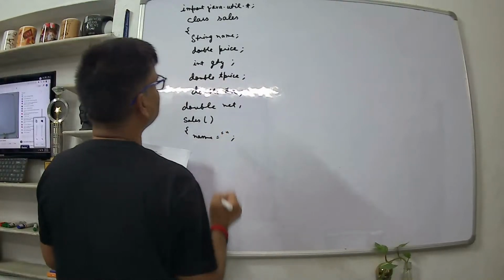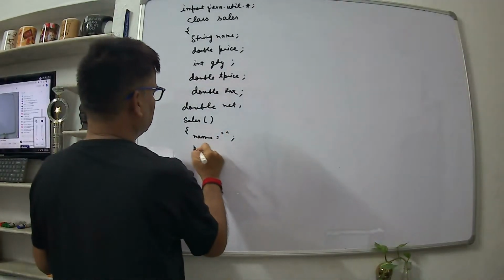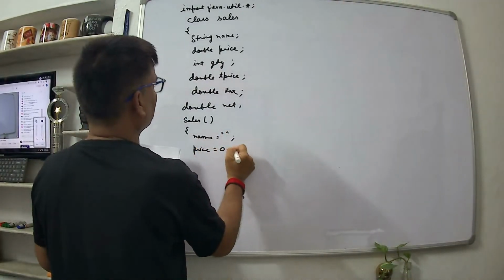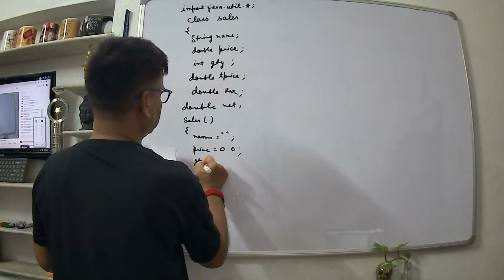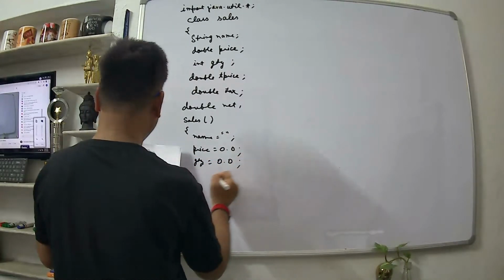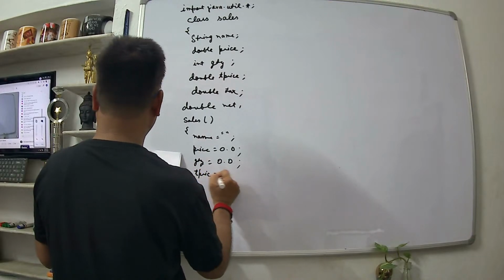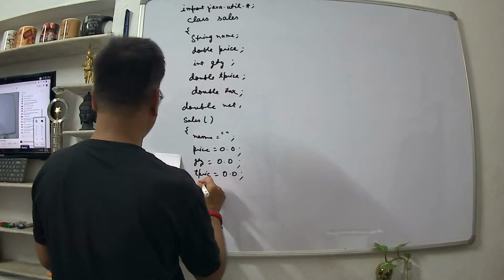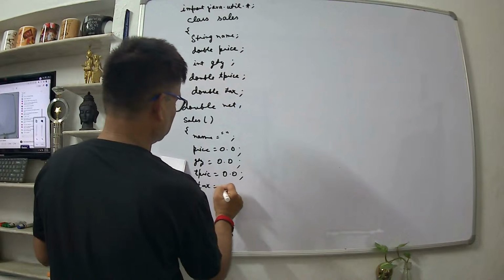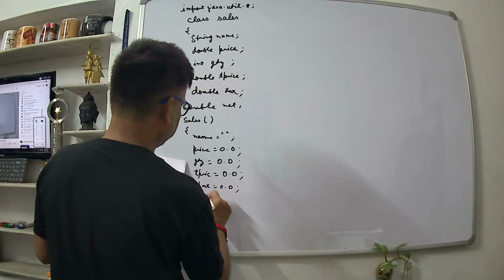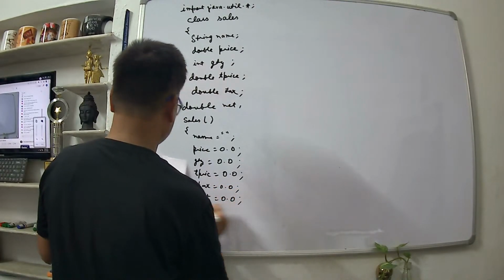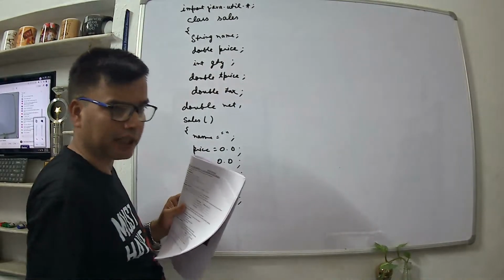I initialize name with a null value, price equal to 0.0, quantity equal to 0, tprice 0.0, tax equal to 0.0, net equal to 0.0. So this is the constructor done.